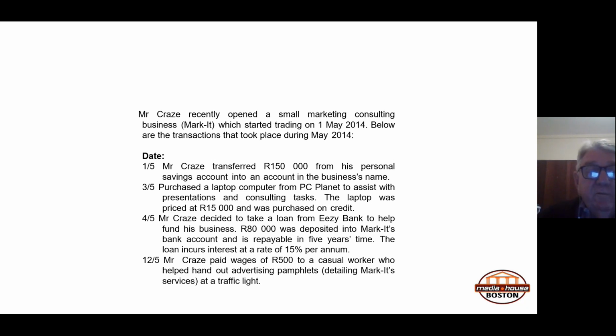If we want to calculate what is my interest payable, if I borrow 18,000 at 15%, so for a whole year, it will be 18,000 times 15%. That will give you 2,700 for the year, and it's only for 1 month. So we're going to pay that divided by 12. We're going to pay 1,000.